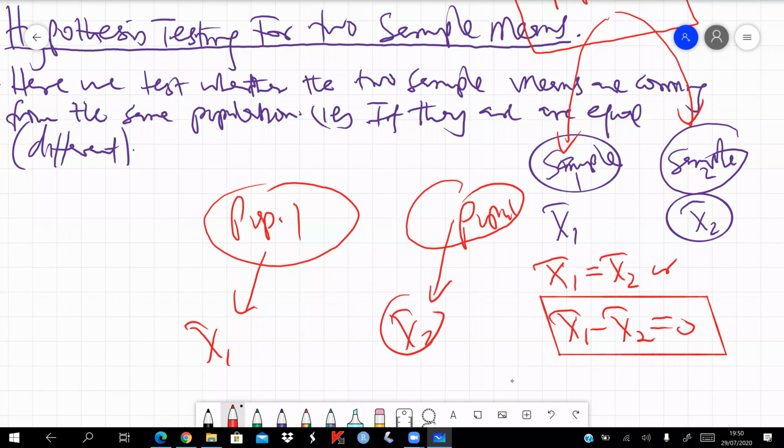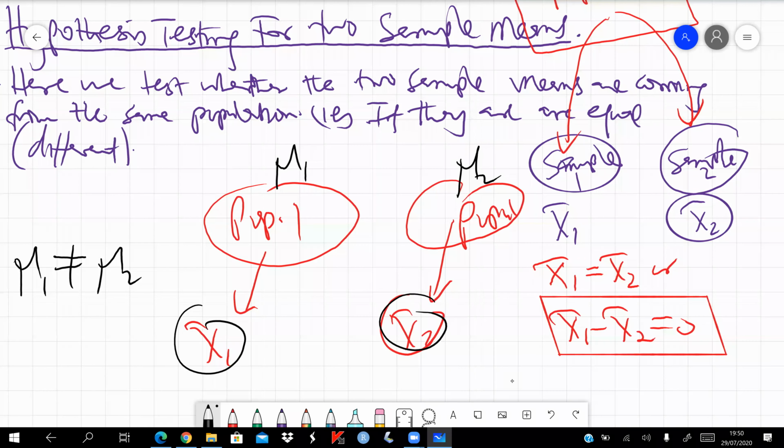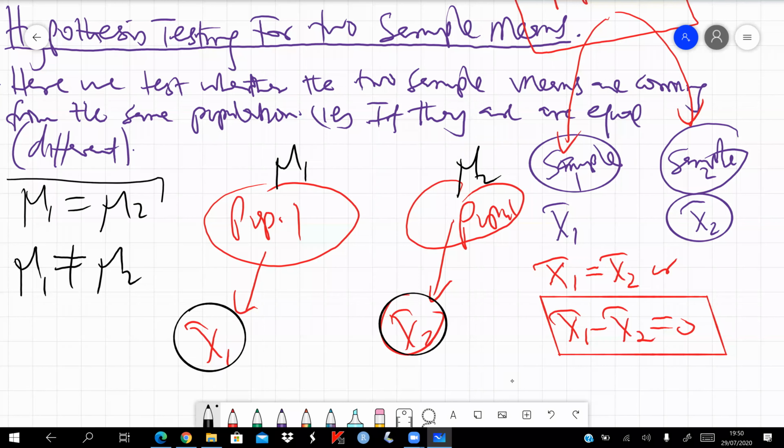If the populations are actually different, then here we have mu1, mean of the first population, and mean of the second population. Then mu1 will not be equal to mu2. But if the samples are coming from the same population, then mu1 will be equal to mu2. So that will be the story.